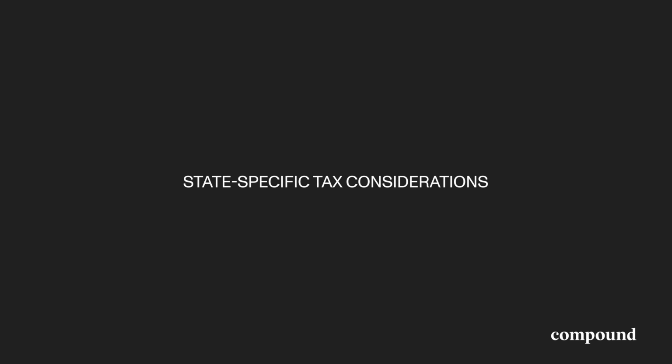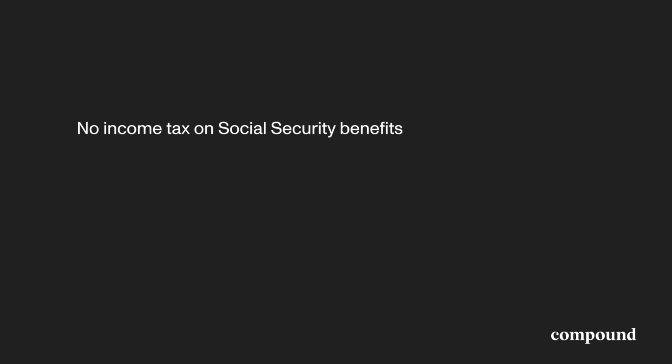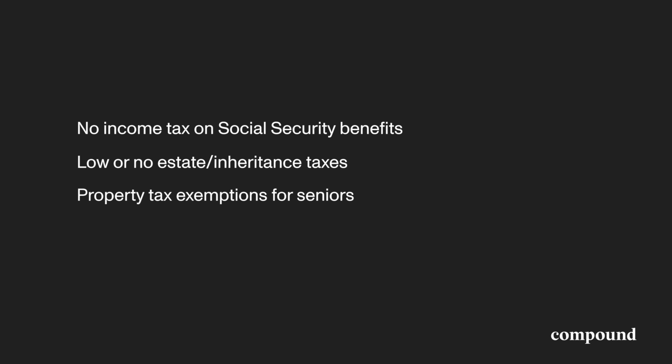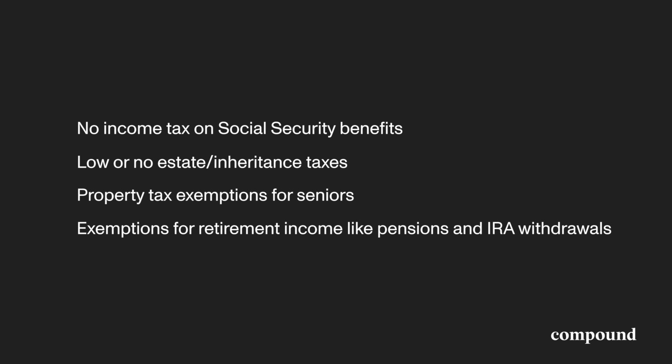State-specific tax considerations. While federal tax planning often gets the most attention, it's important to understand the tax implications of your retirement income at the state level. Some states are more retiree-friendly than others, offering tax breaks such as no income tax on Social Security benefits, low or no estate or inheritance taxes, property tax exemptions for seniors, and exemptions for retirement income like pensions and IRA withdrawals.